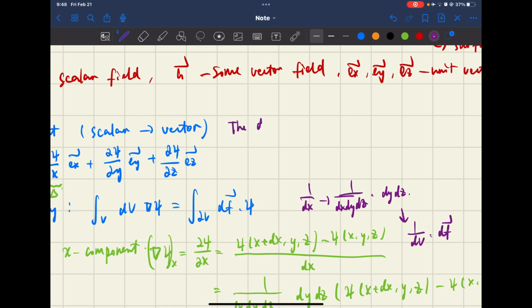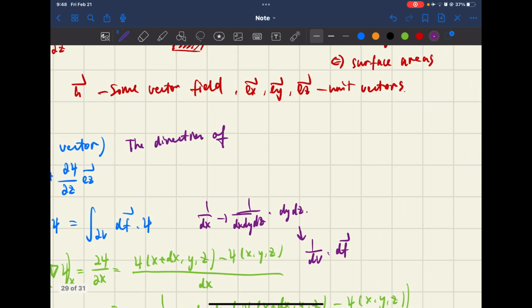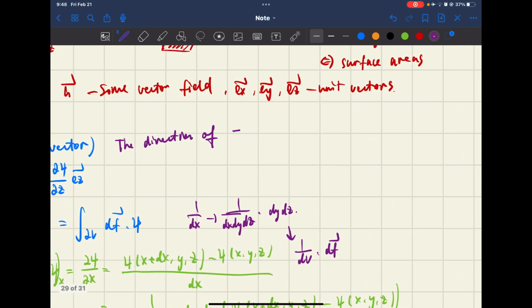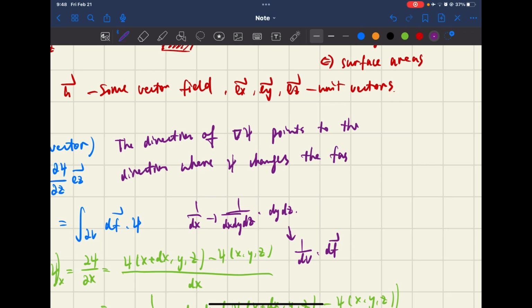The direction of del phi points to the direction where the scalar field phi changes the fastest, which means there's a faster rate of change along that direction.